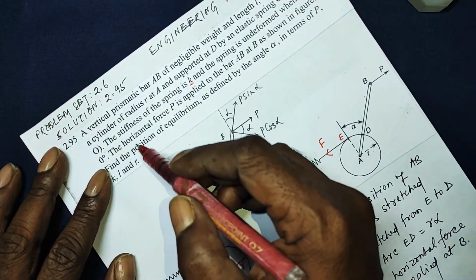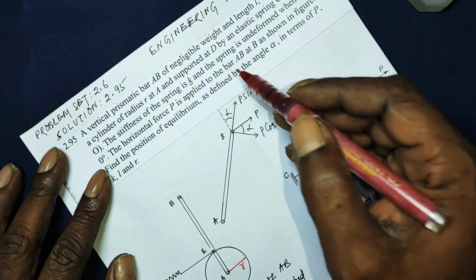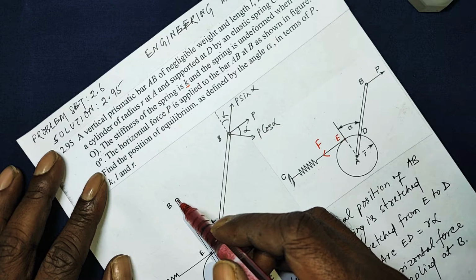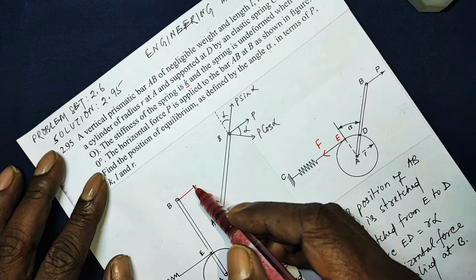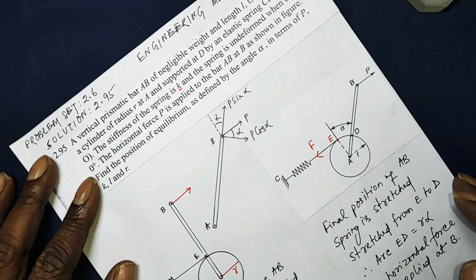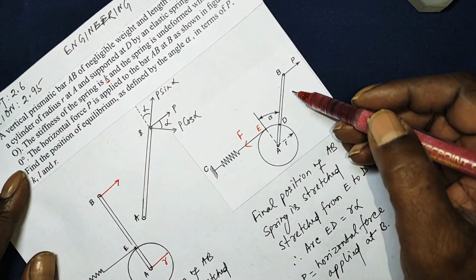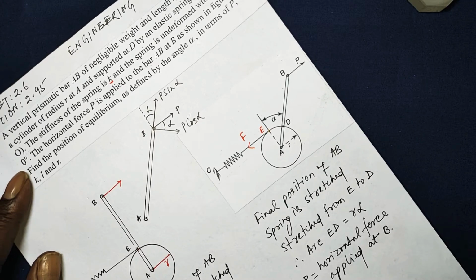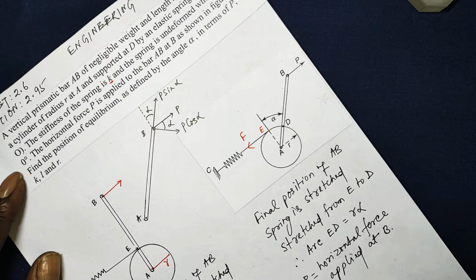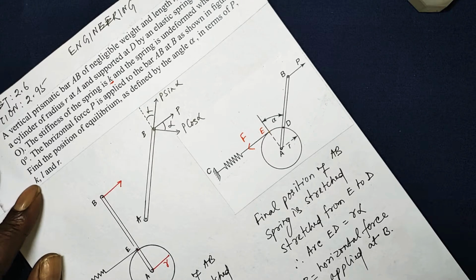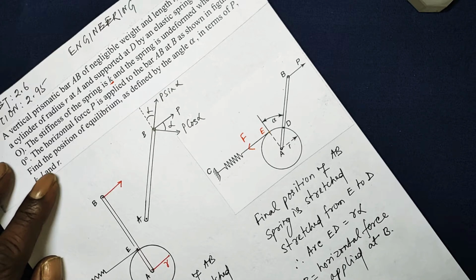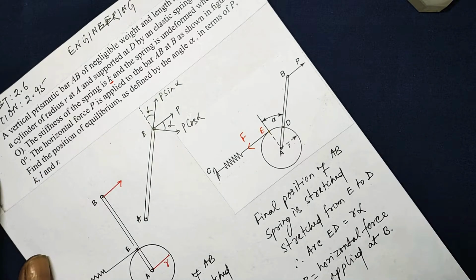When alpha is 0, the horizontal force P is applied to the bar AB. At this end B, a horizontal force P is applied. Once it is applied, the situation becomes like this. Now find the position of equilibrium as defined by the angle alpha in terms of the applied force P, the spring constant K, length of the prismatic bar, and the radius of the cylinder.